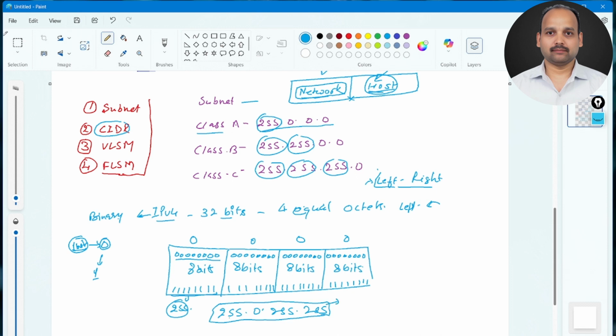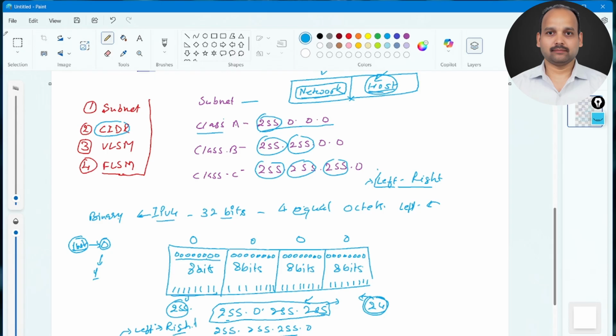If you see that this is 24 bits on, you cannot write it like this. You have to write 255.255.255.0, because your bits should always be on from left to right, never otherwise.